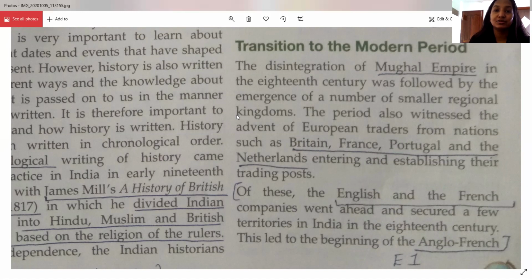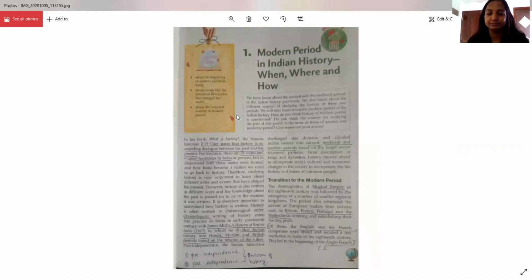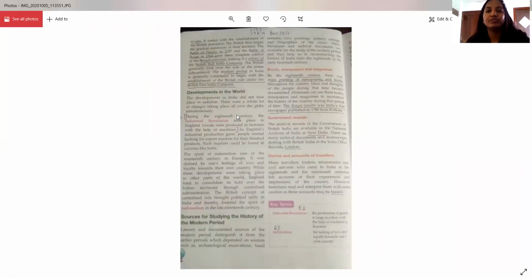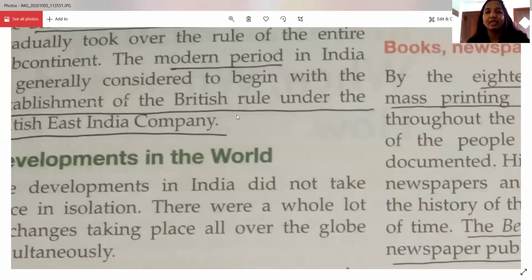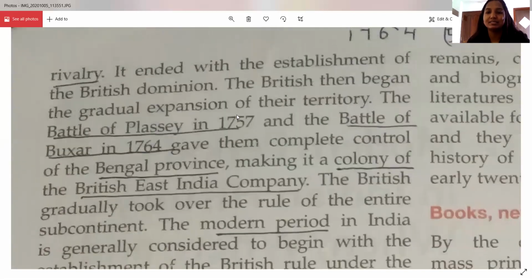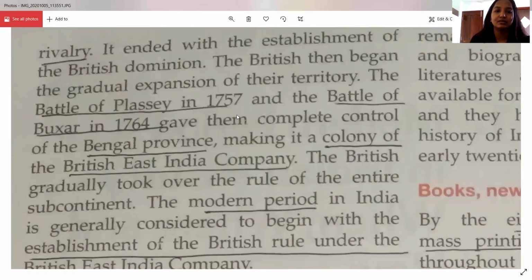And this led to a rivalry between French and English, which is called the Anglo-French rivalry. As a result of the Anglo-French rivalry, there were two battles: Battle of Plassey in 1757, and Battle of Buxar in 1764.